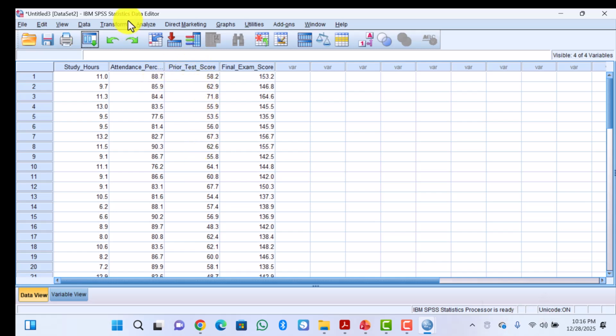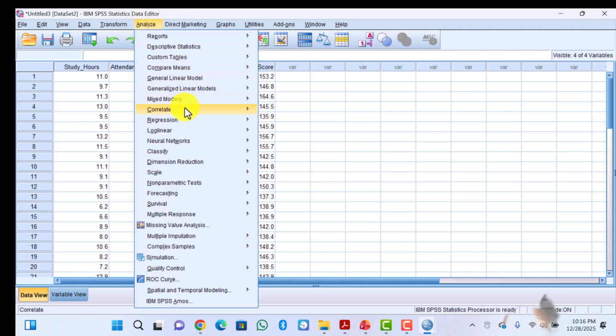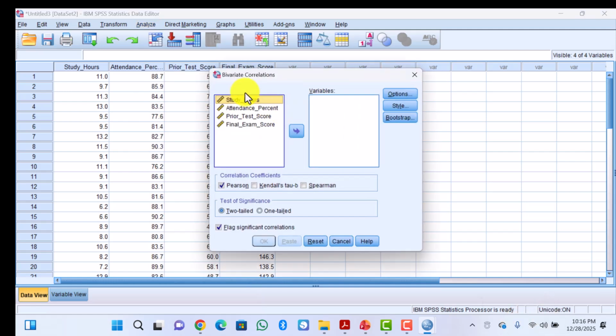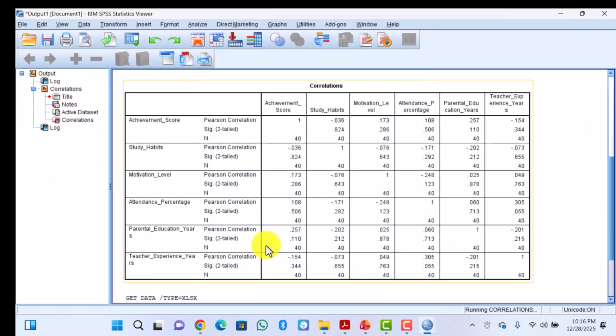So let's go ahead and do the correlation of this and see whether the variables that we have considered are good enough in the model. I said that we have to remove those that are not good.